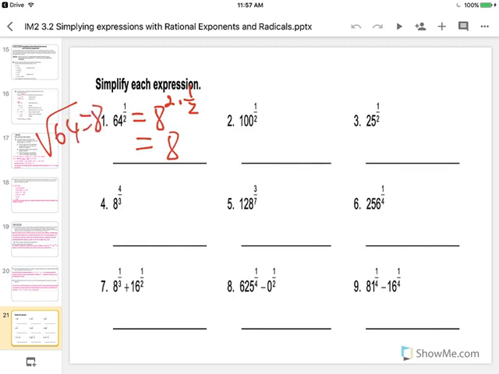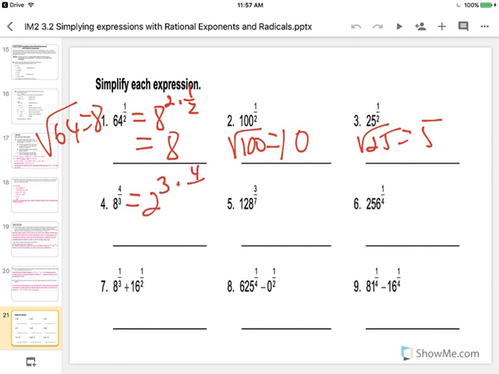Similarly for number 2, 100 raised to the power 1/2 is the square root of 100, which is just 10. The square root of 25 is 5. And rewrite 8 as 2 to the third power, raised to 4/3, so that reduces to 2 to the 4th power, which gives us 16.